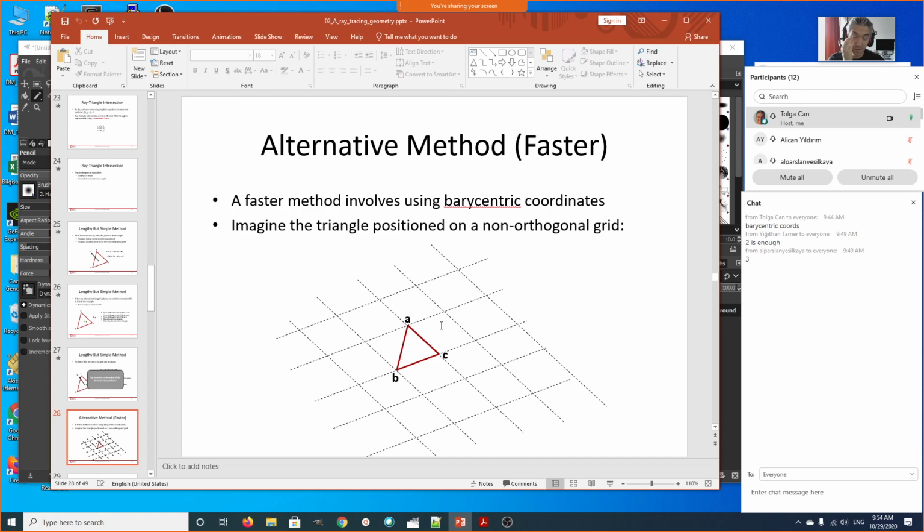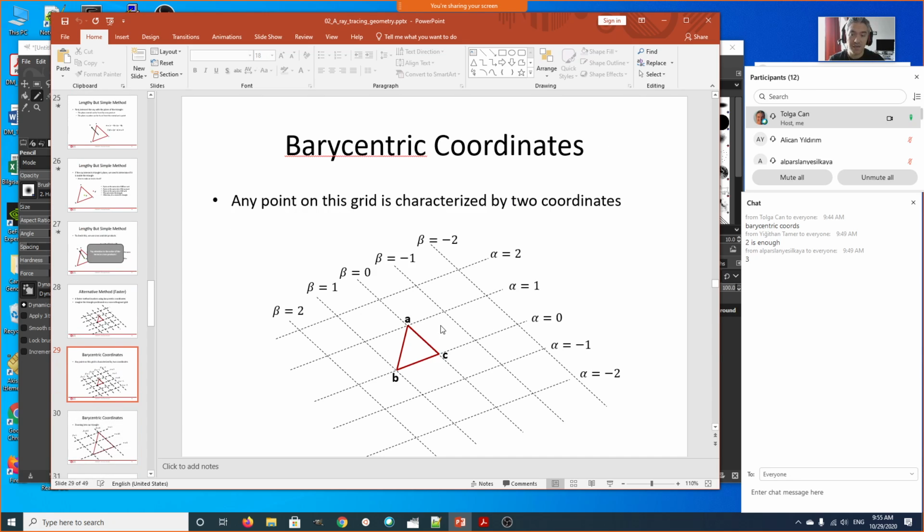If we position our triangle on a non-orthogonal grid like this, we could define alpha and beta this way. When our point is inside, beta should be between 0 and 1, and alpha should also be between 0 and 1. When they're outside, our points could be here. So this is another view of semantically understanding what those weights are, treating them as coordinates.